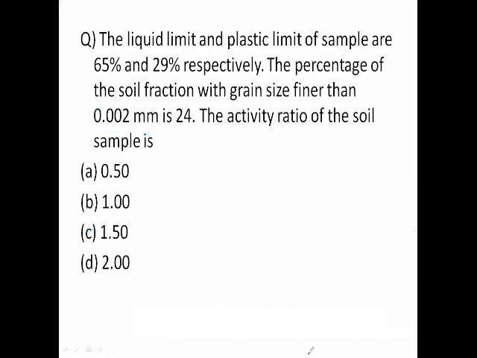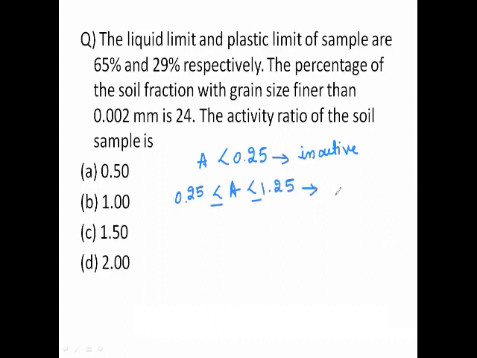We need to know something more about this activity number, or activity ratio. If the activity number is less than 0.25, then such a soil is called an inactive soil. If the activity number lies between 0.25 and 1.25, then we call it a normally active soil.